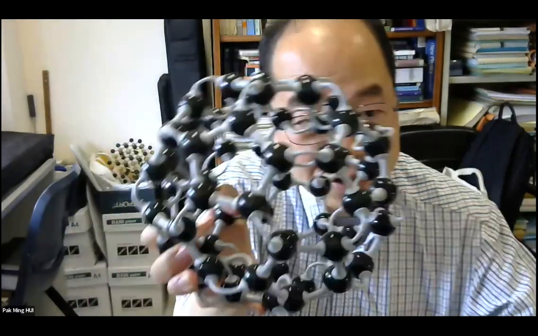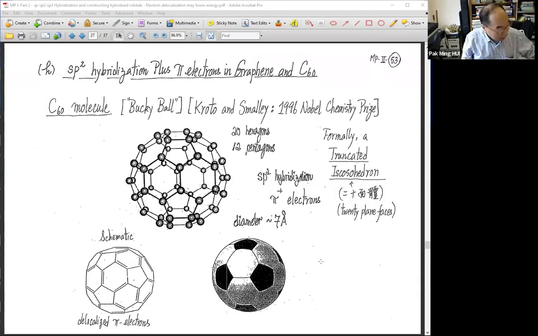Okay, and many fancy things come out from that, including Nobel Prizes. And if you play soccer, next time you look at it, there are some pentagons there. Otherwise, that will be a rugby ball.